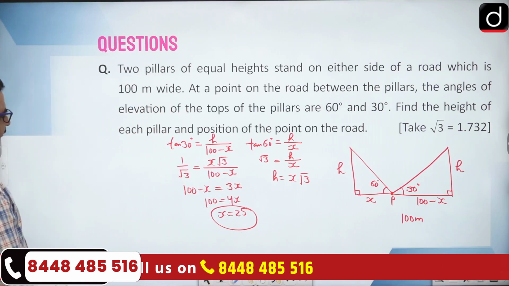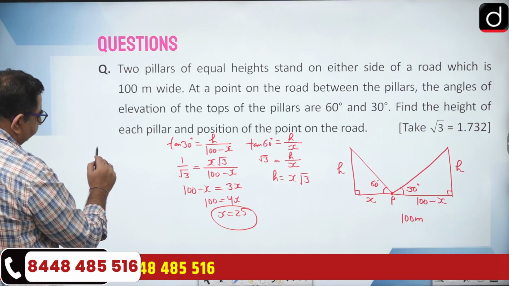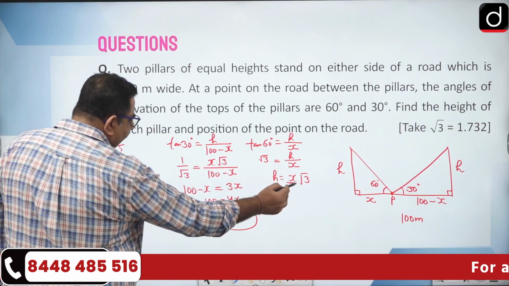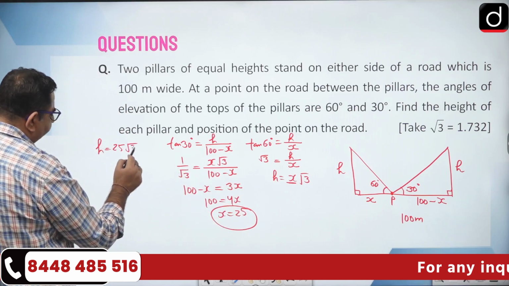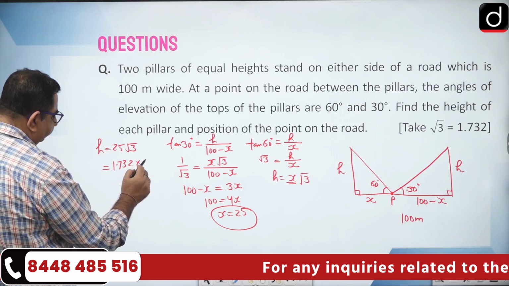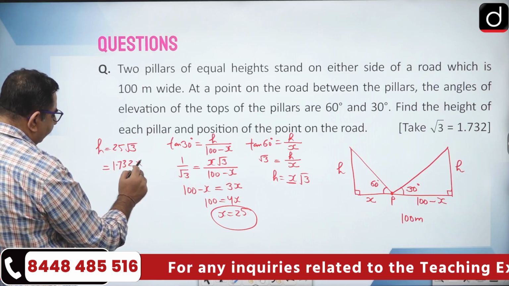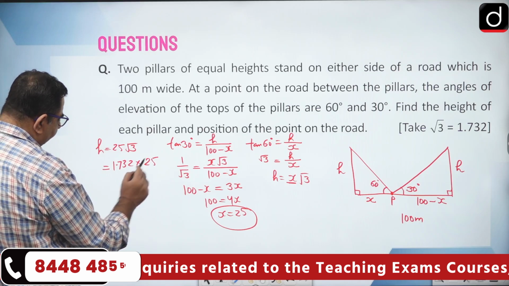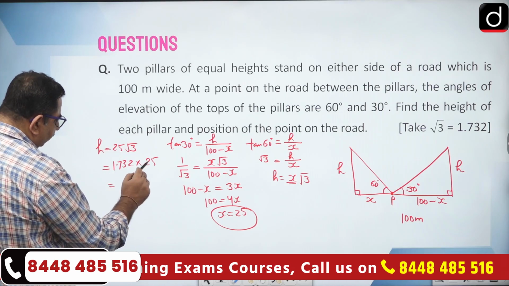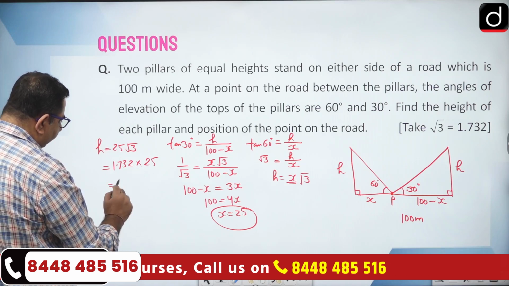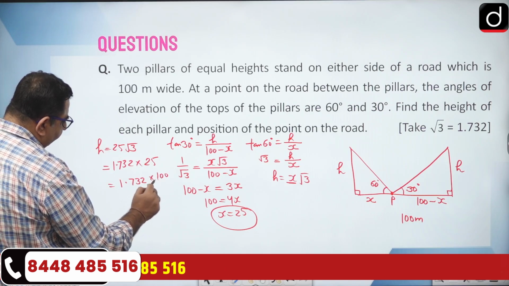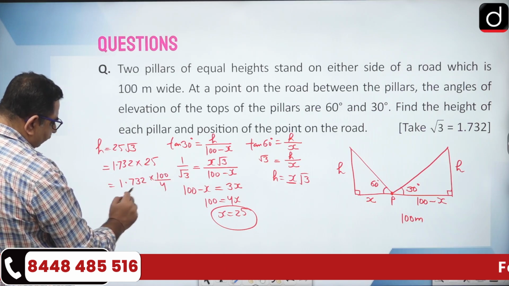Okay, and then we can find h as well. So h is equal to 25, this is x, 25 root 3, right? So that is 1.732 into 25 we can write. So either you multiply this or you can write this 25 as 100 by 4 for calculation purposes.